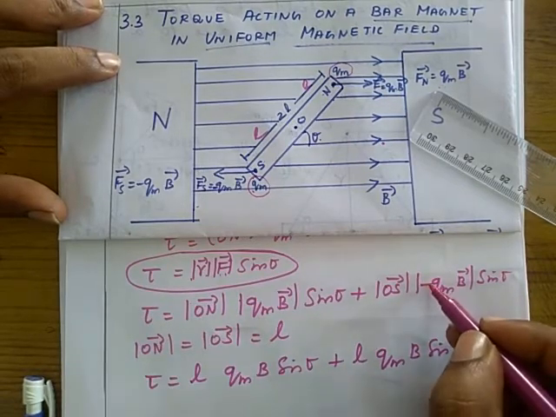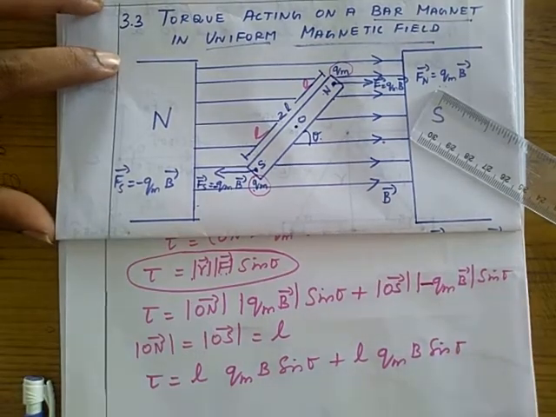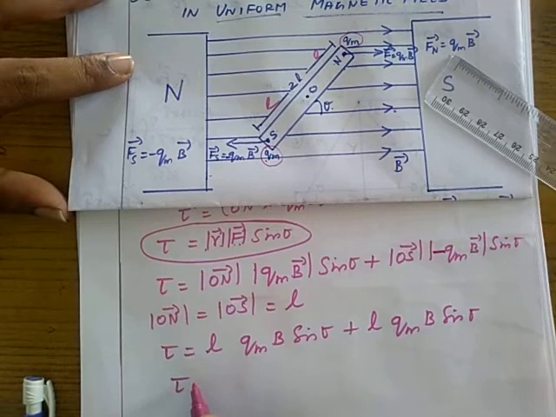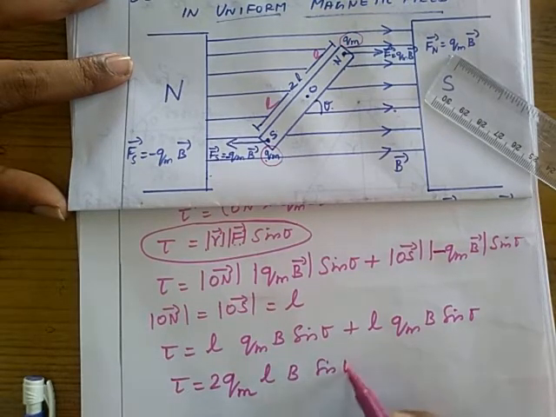Taking the modulus, we can remove this negative sign. Then the expression becomes tau is equal to 2 Qm L B sin theta.